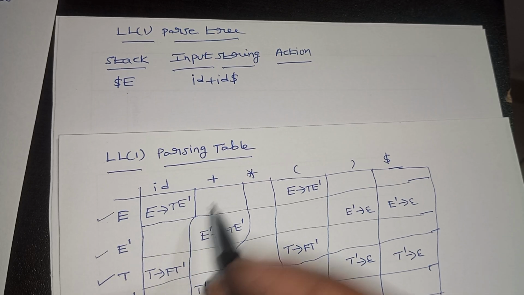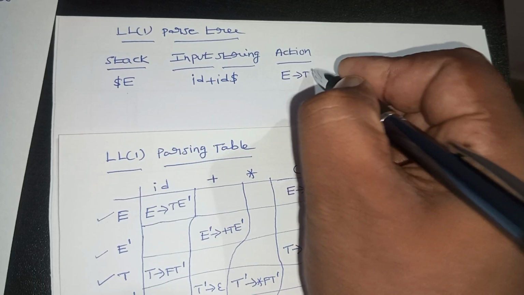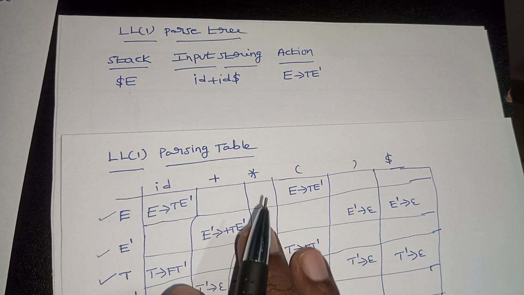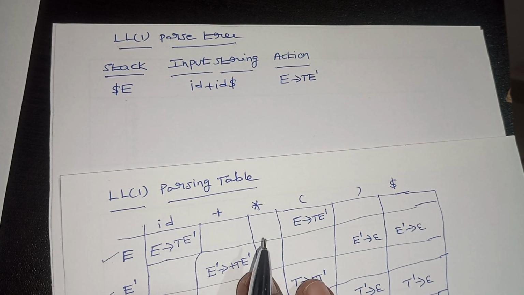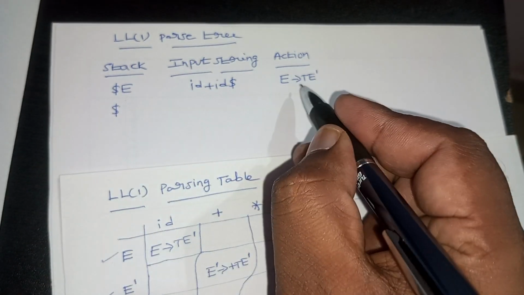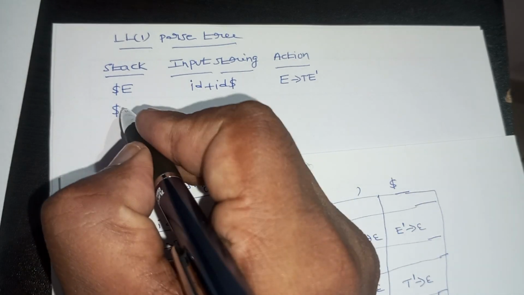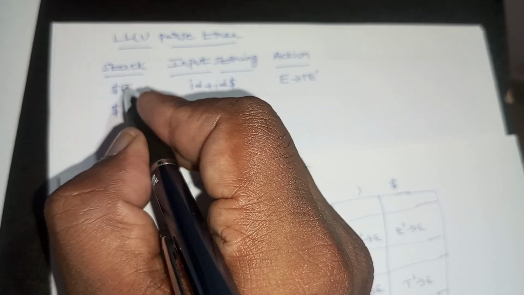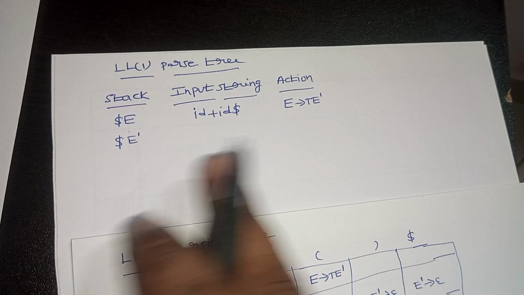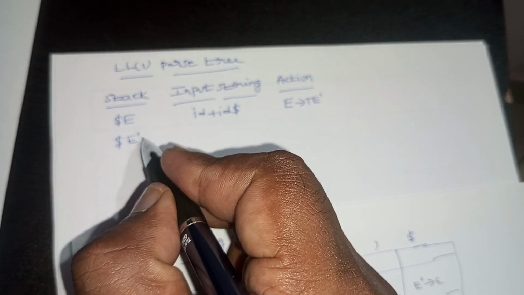E tends to T E dash. Now the second time, you write dollar, and this you write in the reverse order. In the place of E you write E dash T in reverse order.